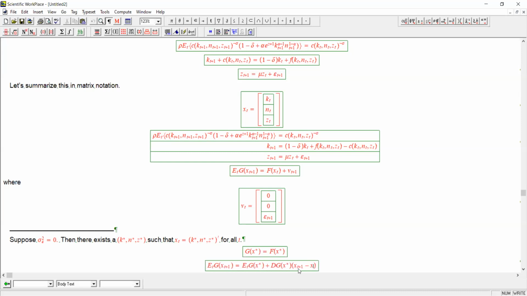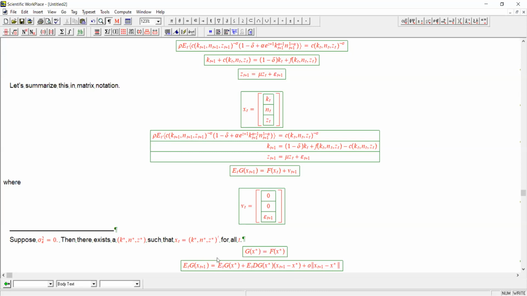xt plus 1 minus x star plus some small o of xt plus 1 minus x star. And again, because we're writing expected value here, we have to put that there as well.